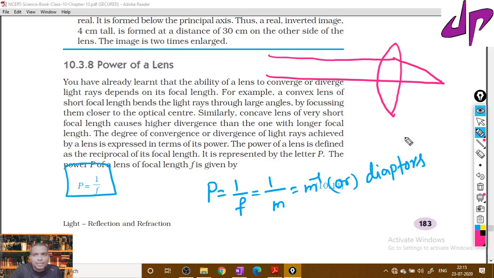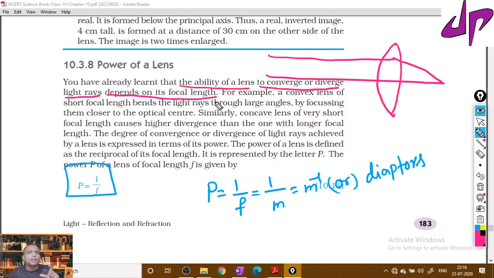How much the lens can bend light rays defines the power. So the ability of a lens to converge or diverge light rays depends upon the focal length, and the reciprocal of focal length we measure as power.